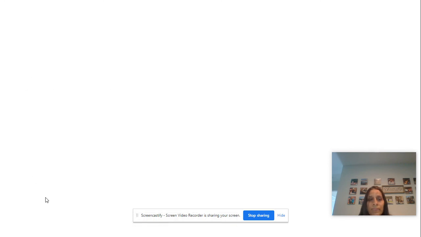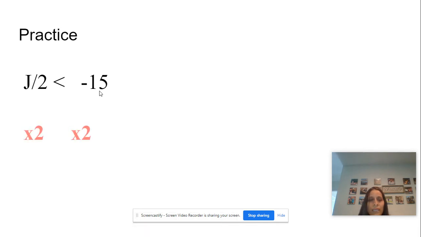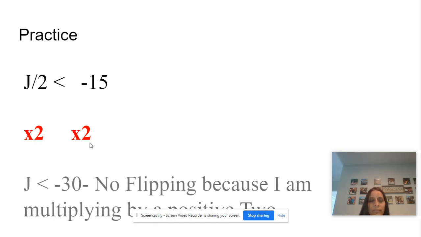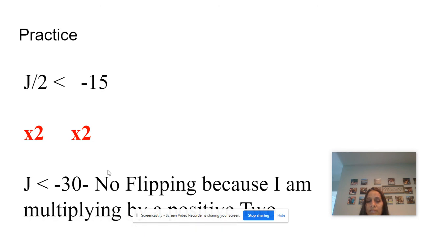The final one says J divided by 2 has to be less than -15. Here, I'm going to say the opposite of divide by 2 is multiply by 2. And there's no flipping that inequality. We're going to keep it a less than because that multiplying by 2 was a positive.